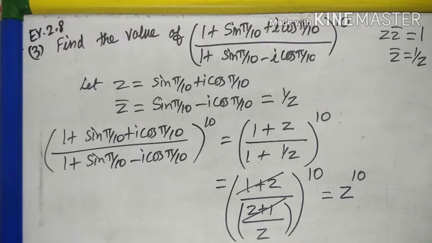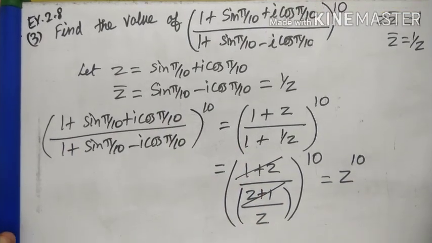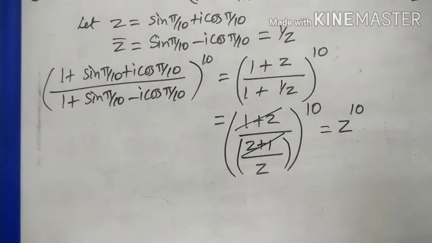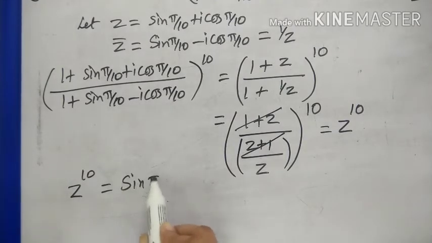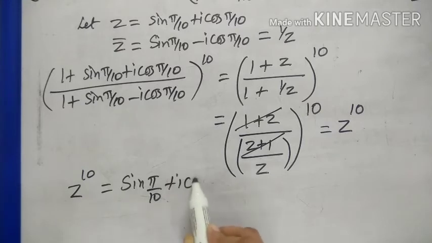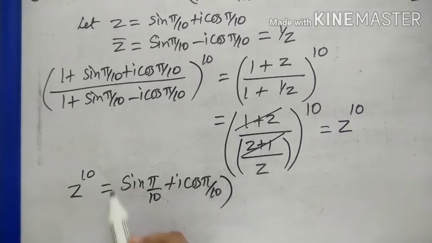Now what is z actually? z is nothing but sin pi by 10 plus i cos pi by 10. So z power 10 is sin pi by 10 plus i cos pi by 10, the whole power 10. Can I bring 10 near by applying de Moivre's theorem?